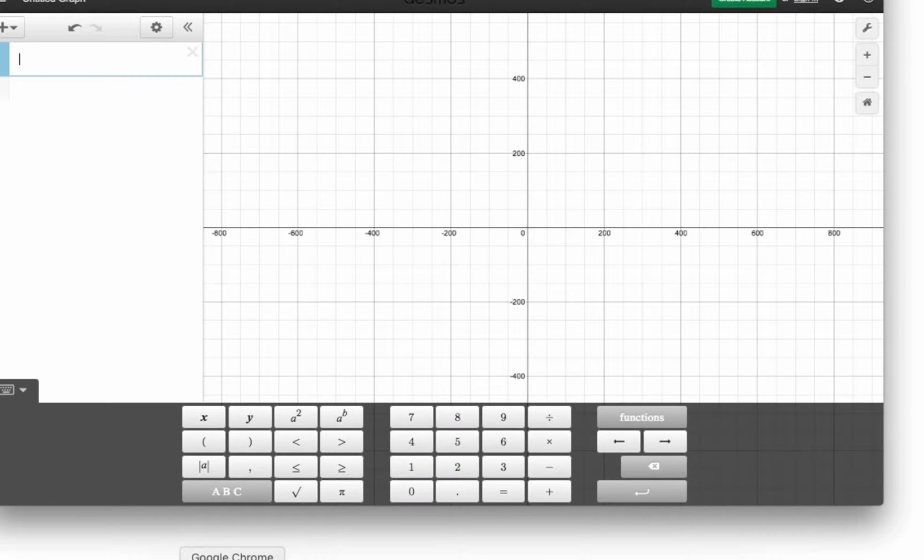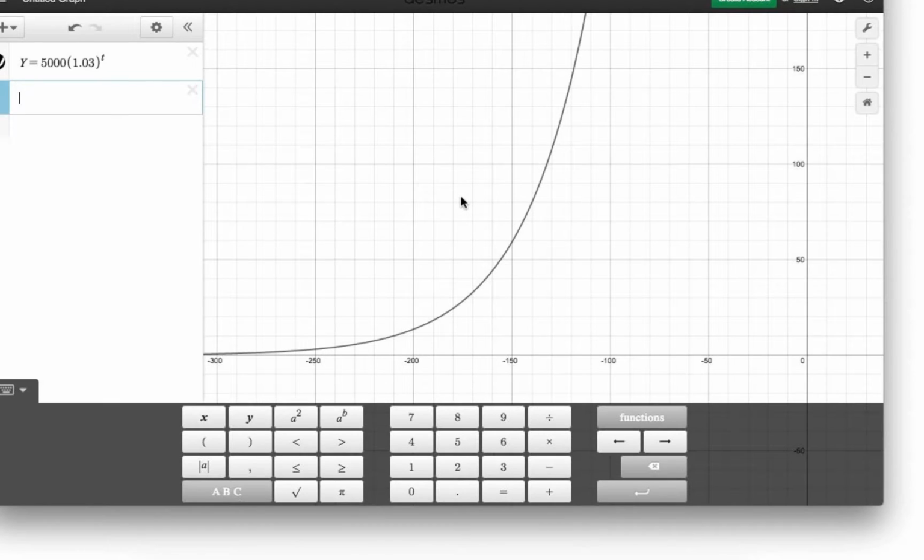So you would come over to your graphing calculator and you would put in, well, you don't have V and T, so you'd have to figure out that V is along the y-axis, and then put in the formula with y equals 5,000 times 1.03 to the power of t, I guess, not x, and then see what your graph looks like. See the shape of your graph.